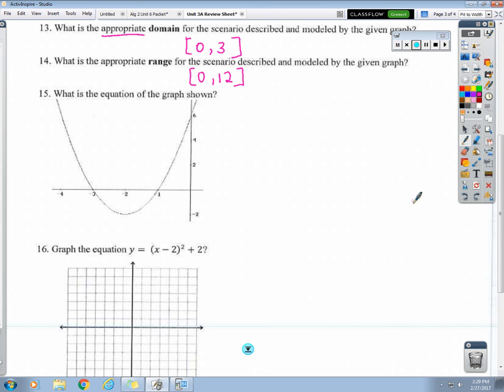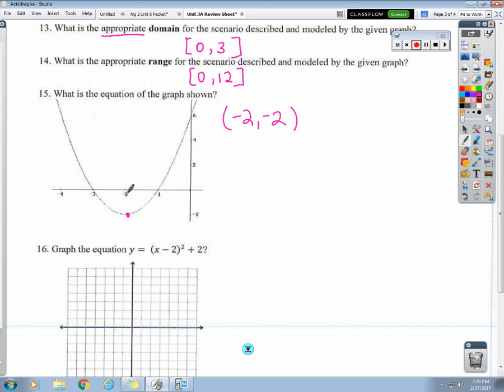Number 15. What is the equation of the graph shown? Well, anytime they're asking you to write the equation, the first thing you need to identify is the vertex. Where is my vertex? -2, right? So if the vertex is at -2, -2, that means the vertex shifted what directions?